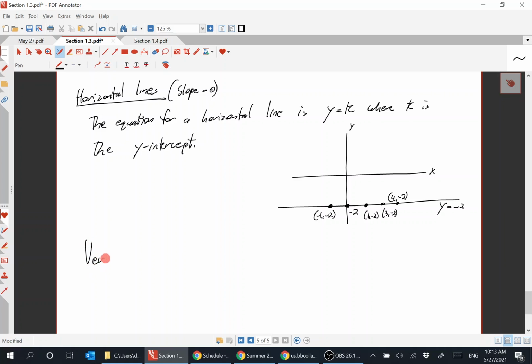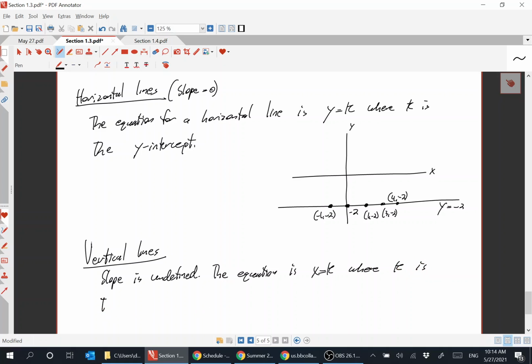Vertical line, here the slope is undefined. Slope is undefined because slope is rise over run, and the run is always 0, and you can't divide by 0. Slope is undefined, and the equation is x equal to k, where k is the x-intercept.